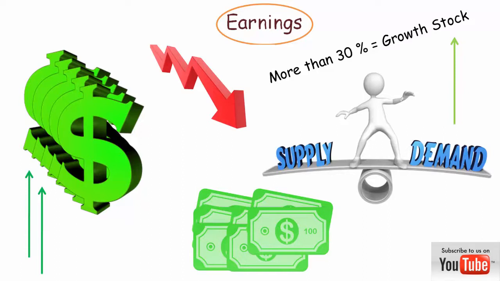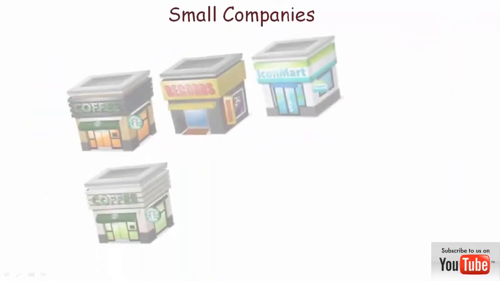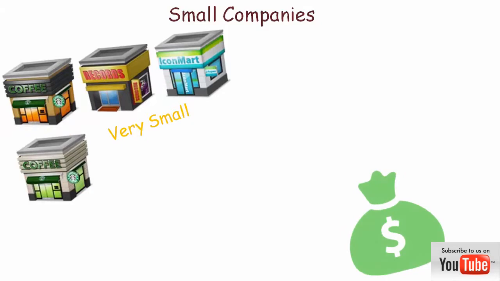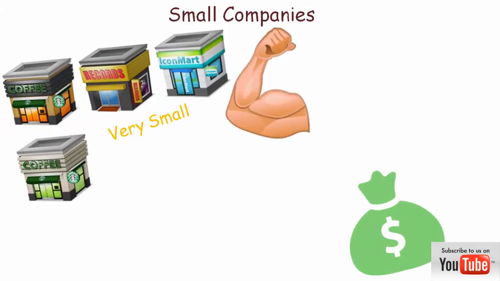You have to look for consistency with the growth, and that's where the growth stocks are. Now, the second thing you should look for is small companies, and it is the risky part. Small companies are always risky because they are very small and they don't have large reserves of cash and they don't have any competitive position in the market.